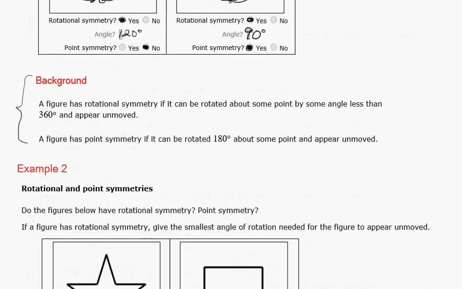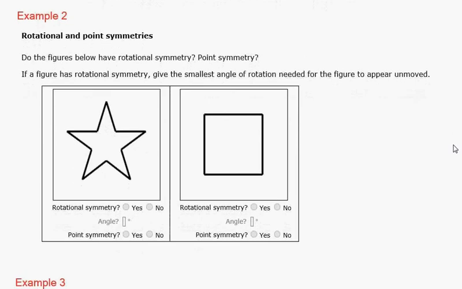What's tricky about this topic is you see a lot of different figures. Here's a figure, and it looks like it has 1, 2, 3, 4, 5 points on it.